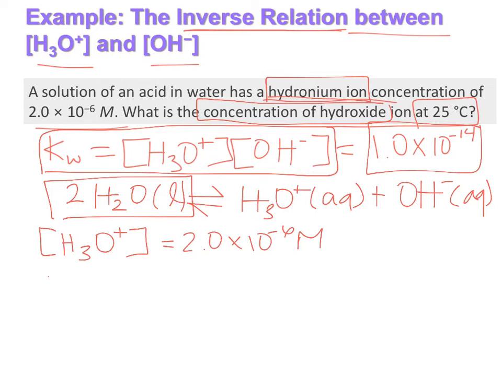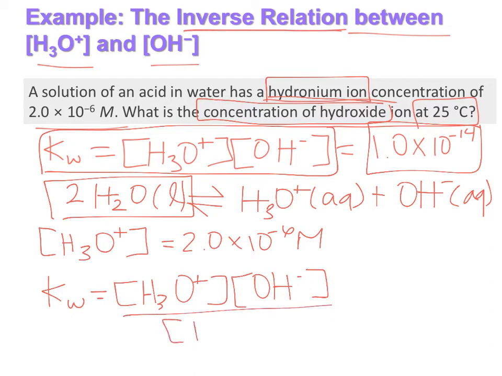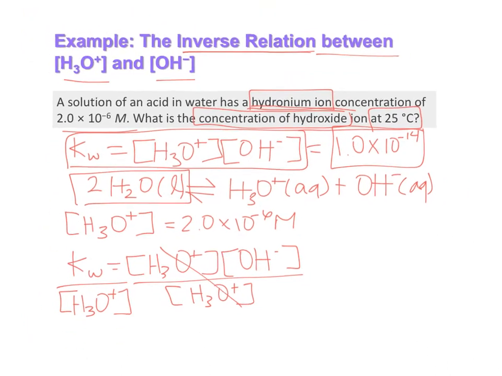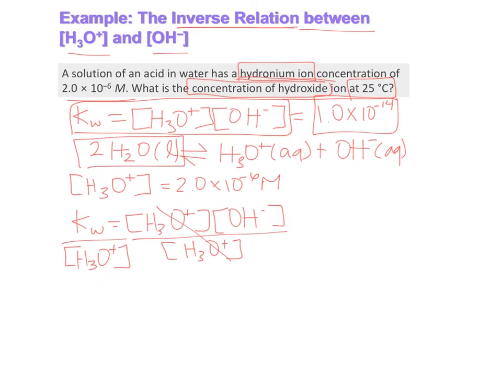So we are going to solve this for our OH minus. And it's easy, we just divide both sides by H3O, the concentration of our hydronium. That cancels that out, and then I'm just going to rewrite it, make it neater.